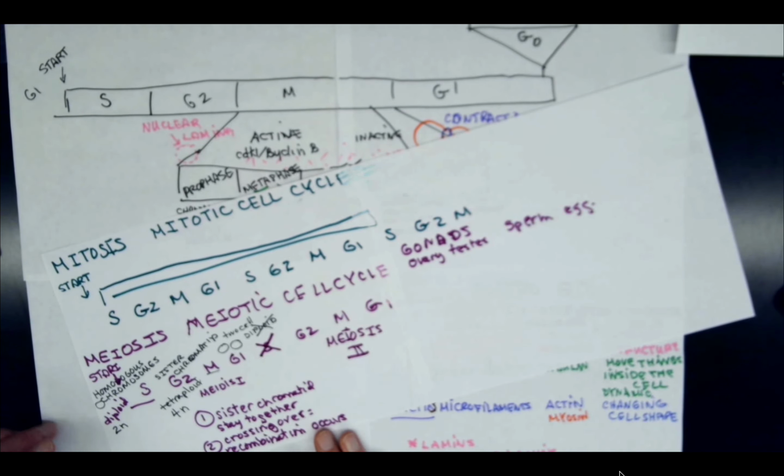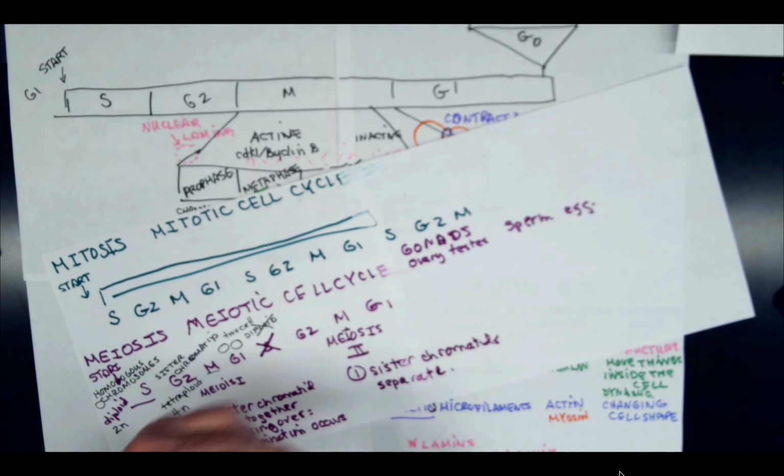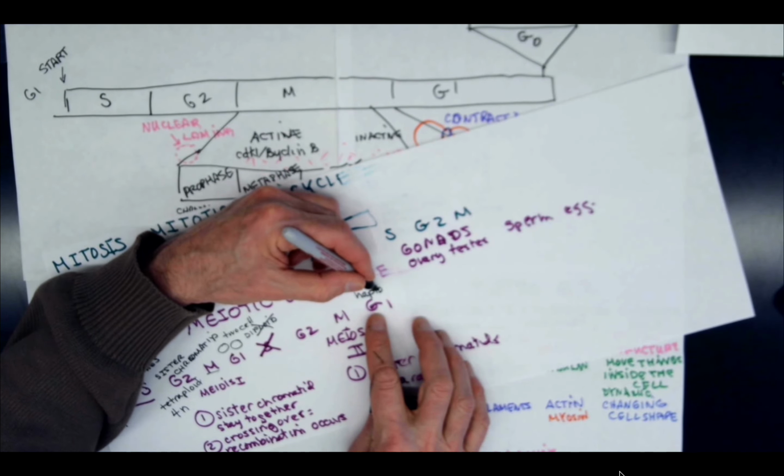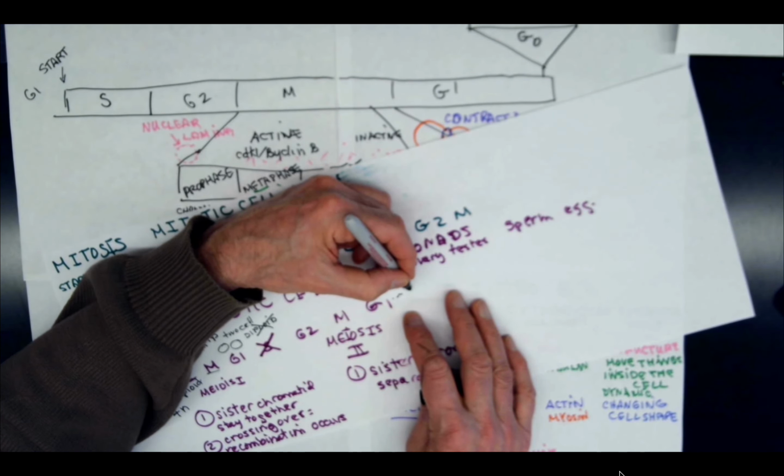And there's only one thing we need to learn about meiosis 2, and that is the sister chromatids separate. And as a result of that, this next G1 is the cells are haploid, and they go into G0, and they form sperm and egg.